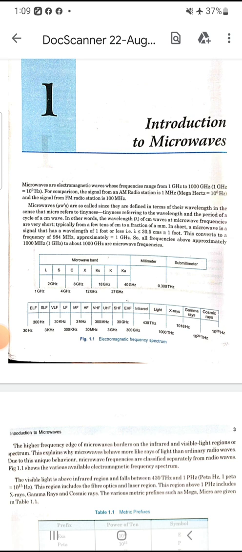Now if we go through the electromagnetic frequency spectrum and visualize the microwave band, we observe that the microwave band lies between the frequencies 1 gigahertz to 40 gigahertz, which is shown in your upper figure.